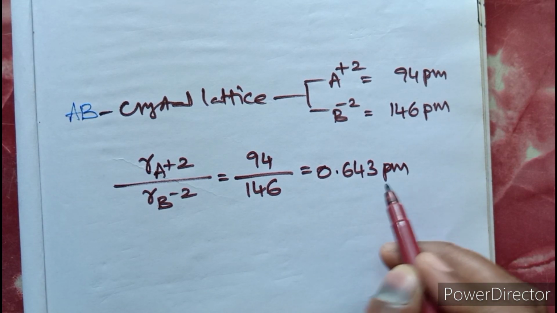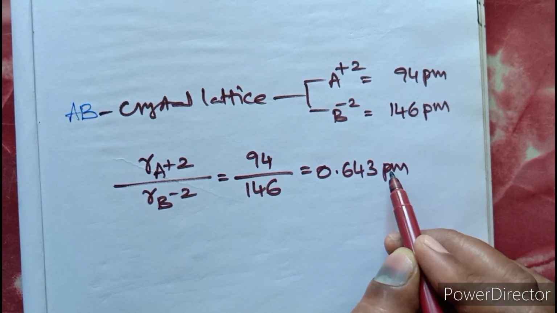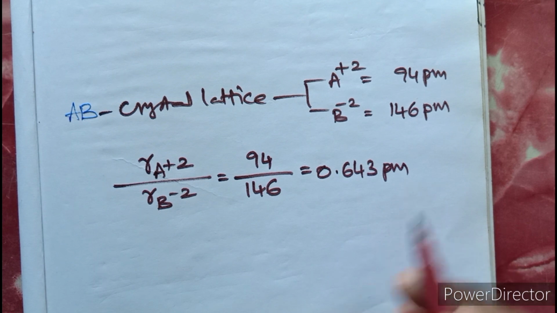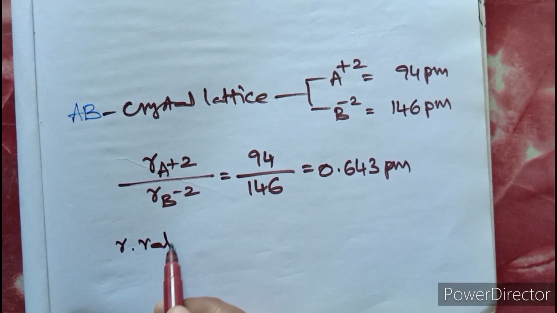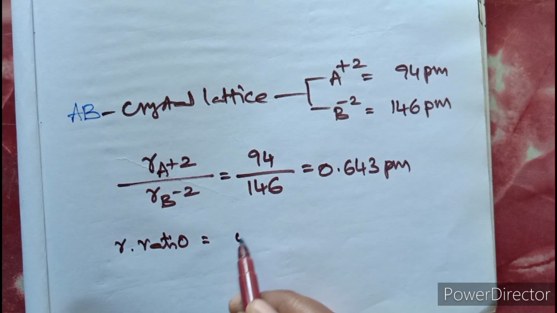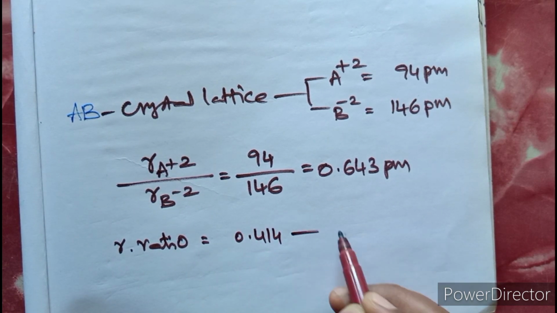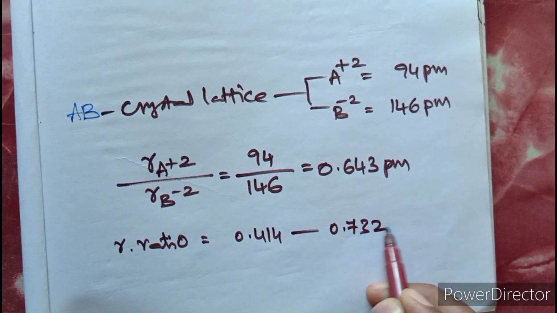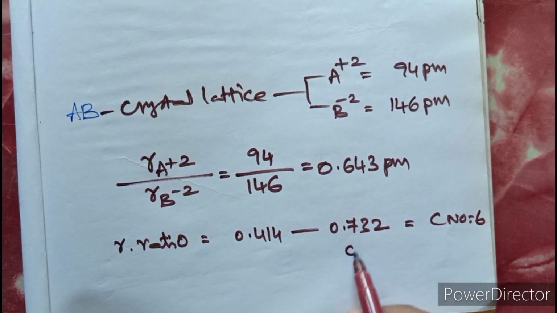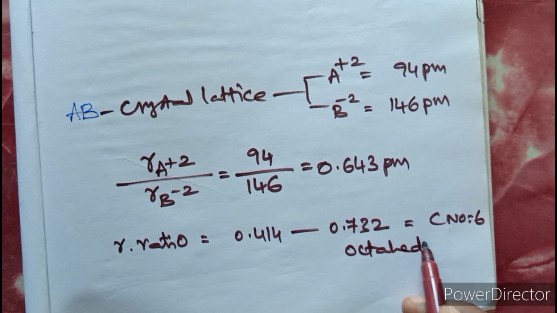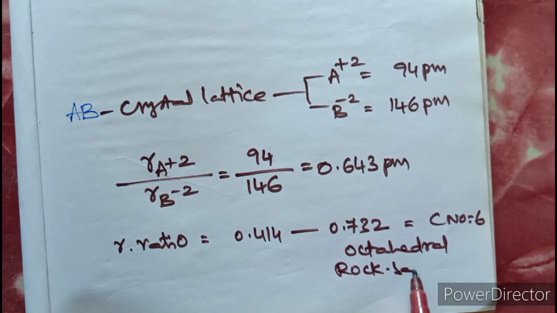That means the radius ratio lies between 0.414 and 0.732, so its coordination number is 6 and the structure is octahedral, and this looks like a rock salt type of structure.